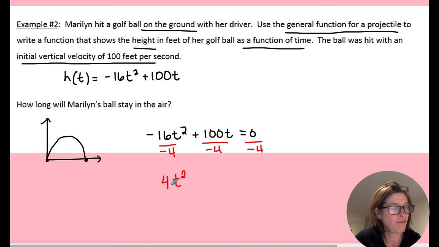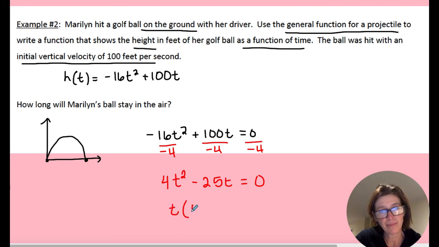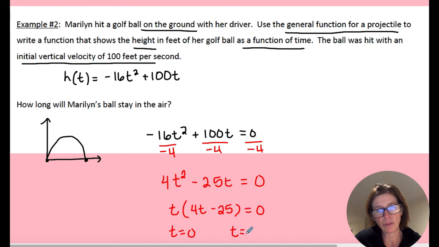So that's going to give me 4t squared minus 25t equals 0. I'm going to factor out a t. It's going to leave me with 4t minus 25 equals 0. And so t equals 0, and t equals 25 fourths.